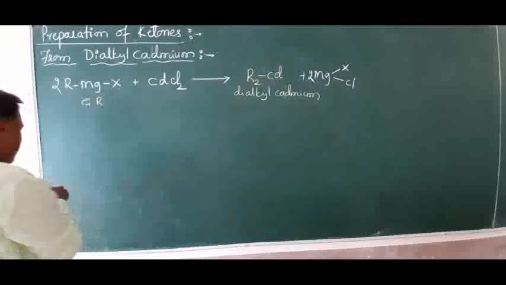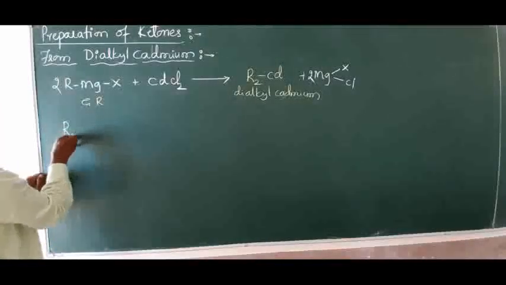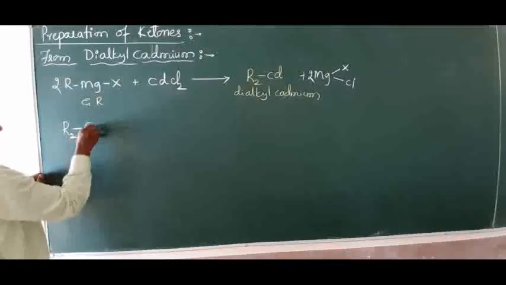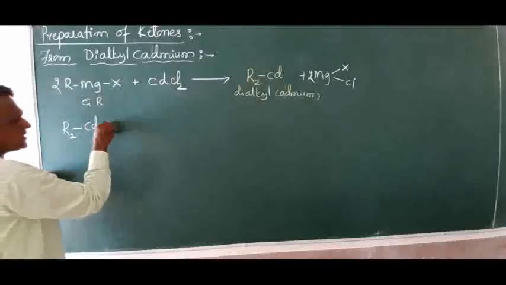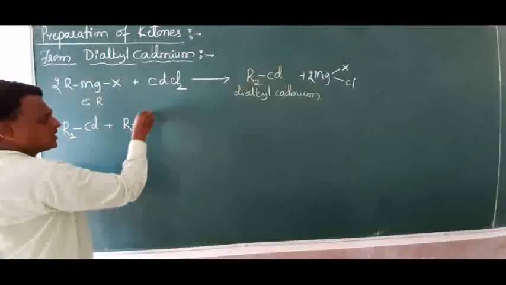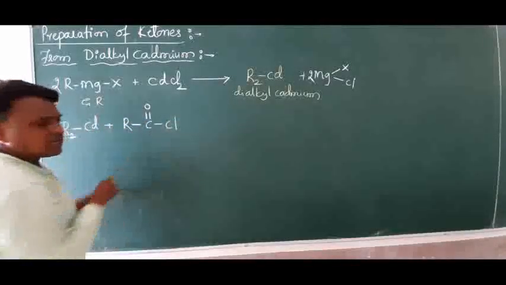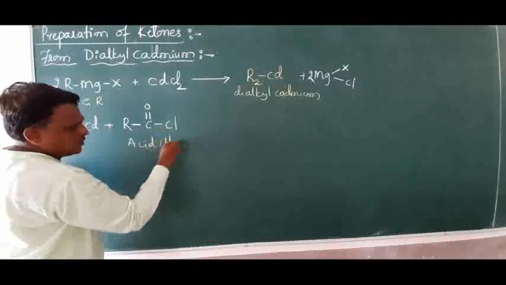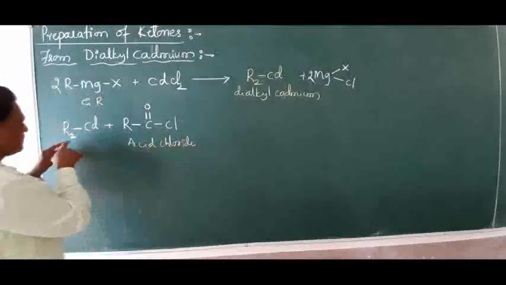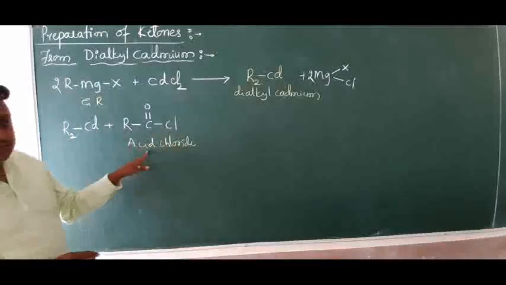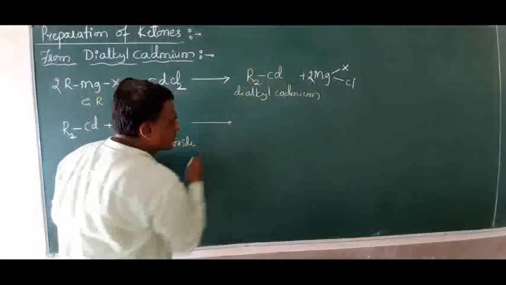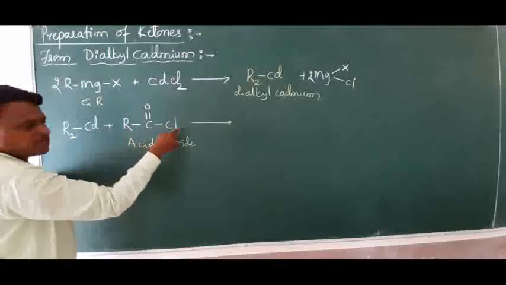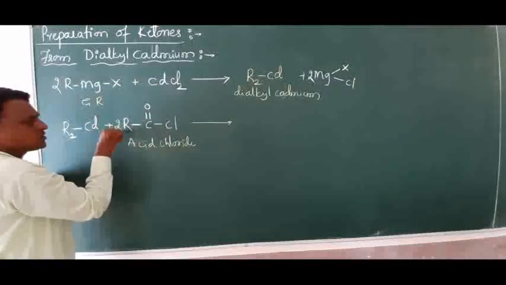And this dialkyl cadmium, R2Cd, is reacted with a very important component, acid chloride. I think all of you know acid chloride. When dialkyl cadmium is reacted with acid chloride, very simply keep in mind, friends, cadmium is replaced with Cl, with 2 moles.